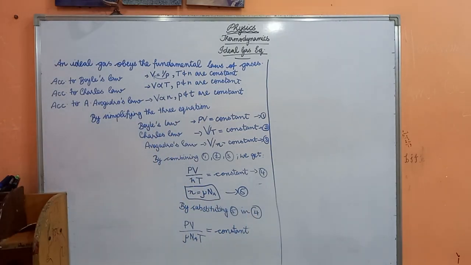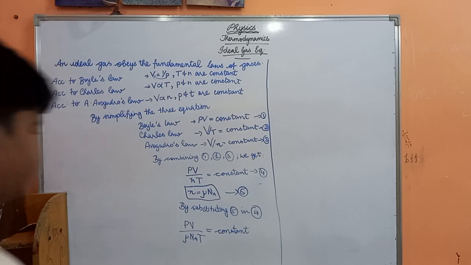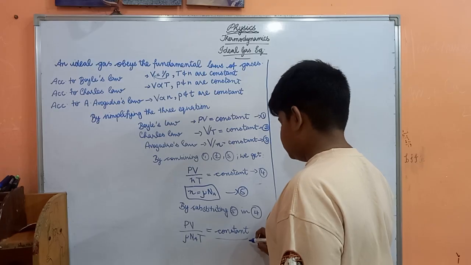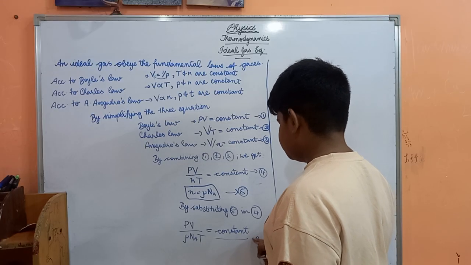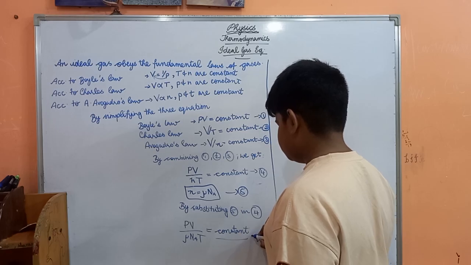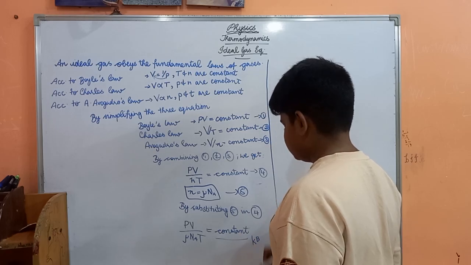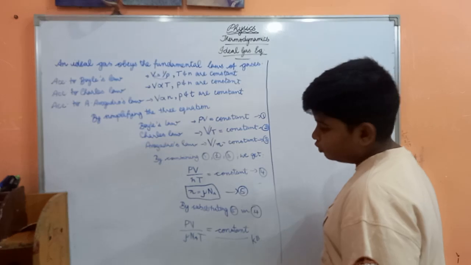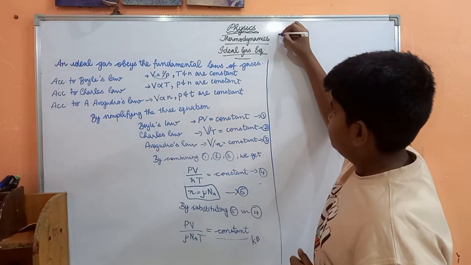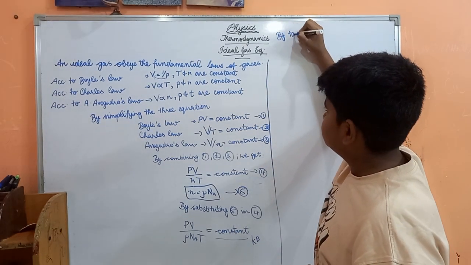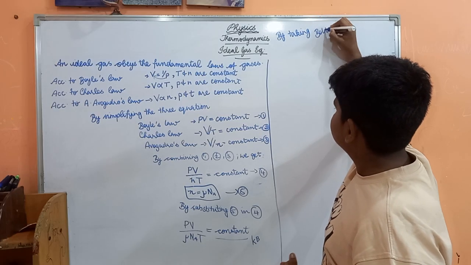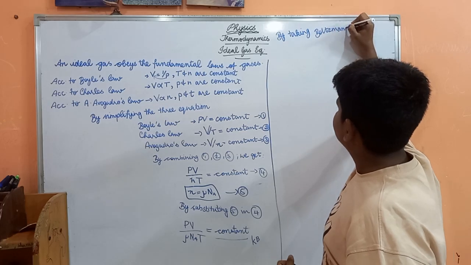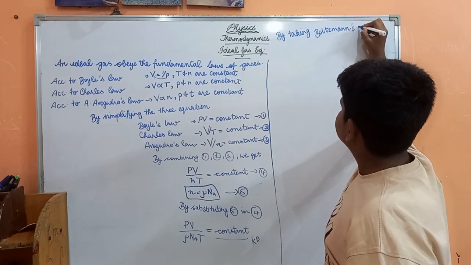And the value of the constant in the above equation is taken to be Kb. So we can take the value of this constant as Kb. So it can be taken as the Boltzmann constant.